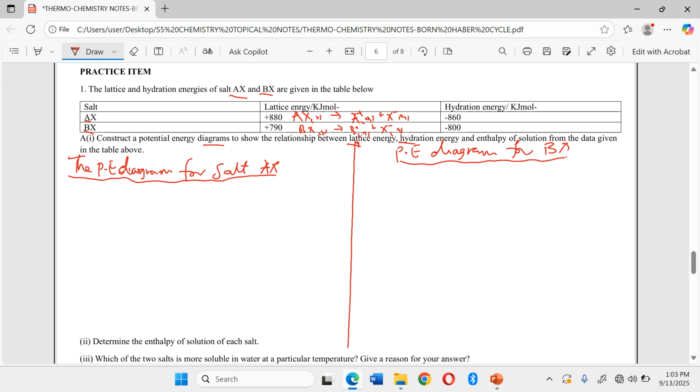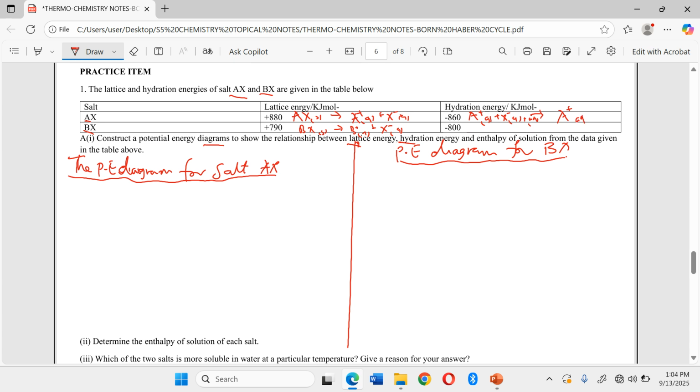Then for hydration, we say that it is the gaseous ions which are dissolving in water. Are we saying that? That it is completely what? Solvated. So in this case we'll have the gaseous ions of this salt AX, and they will be dissolved in water. This is aqueous, to form the ions.